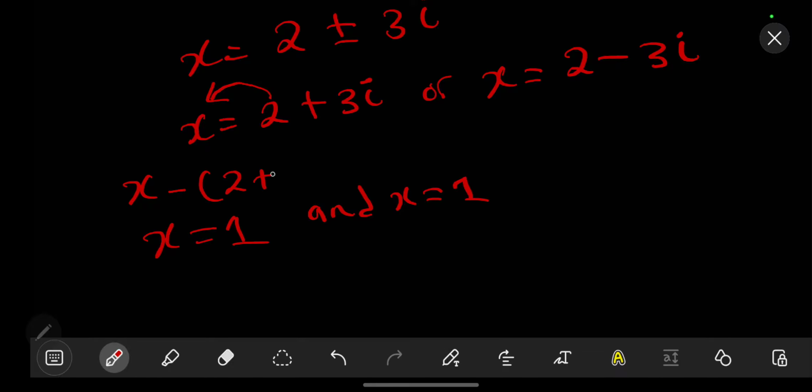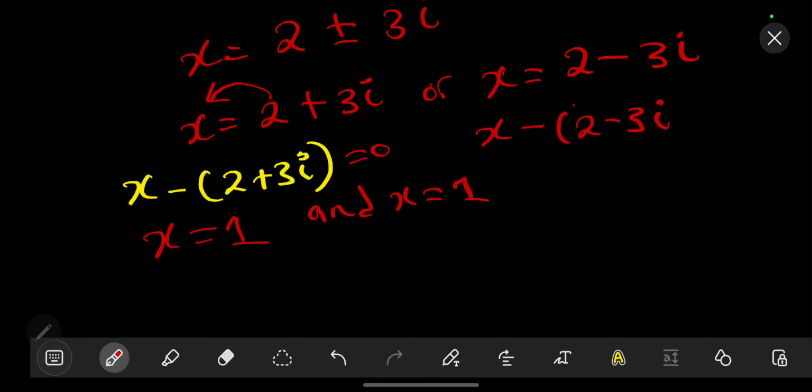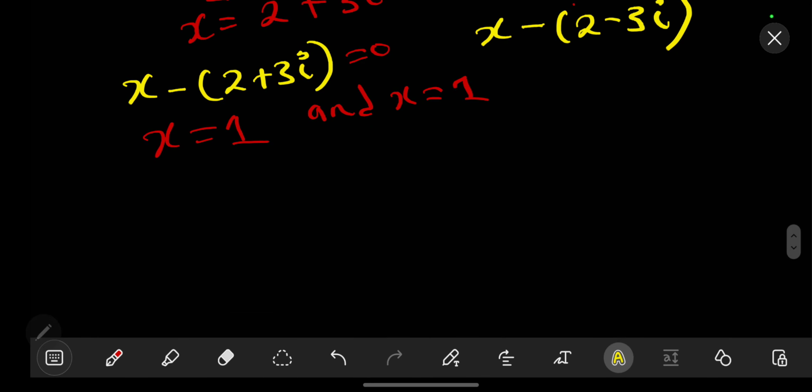It will be x minus 2 plus 3i, and then x minus 2 minus 3i. So this is what we have as our values. Let's just factorize the equation, then we can end there.